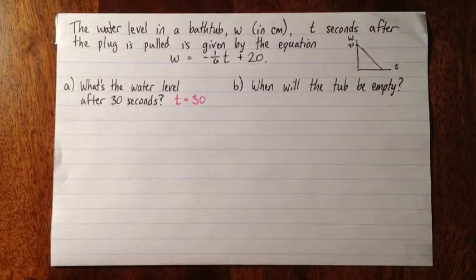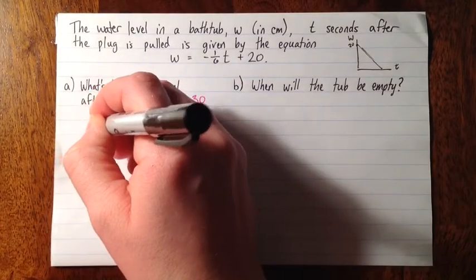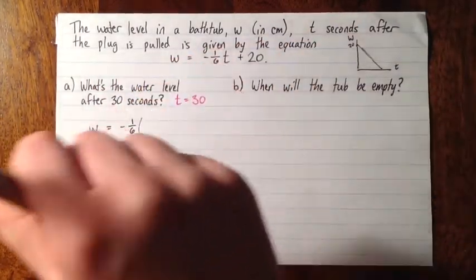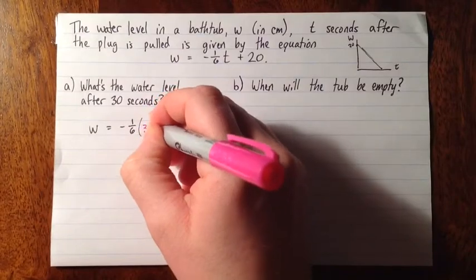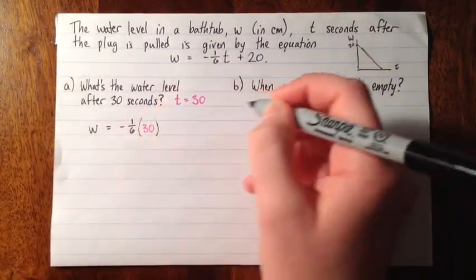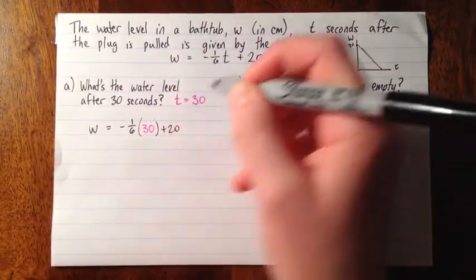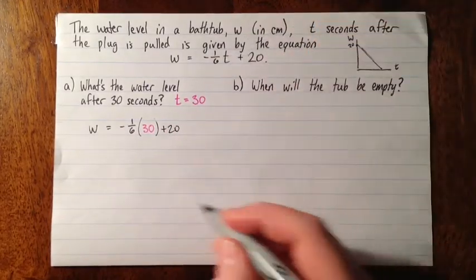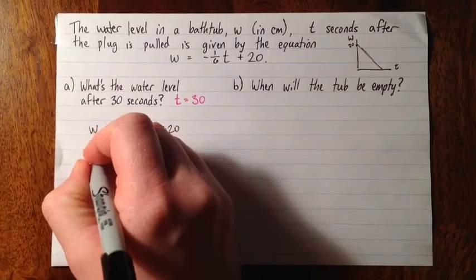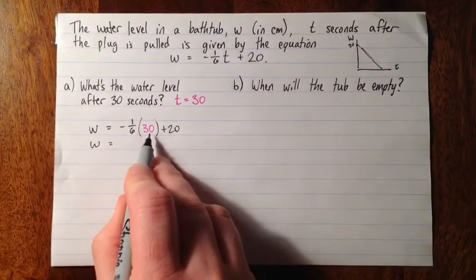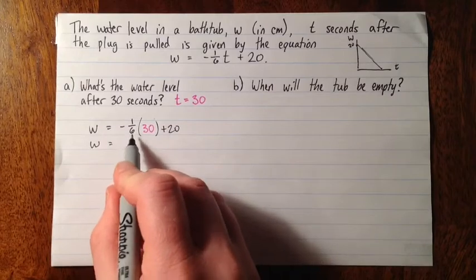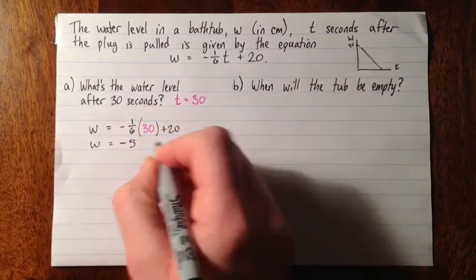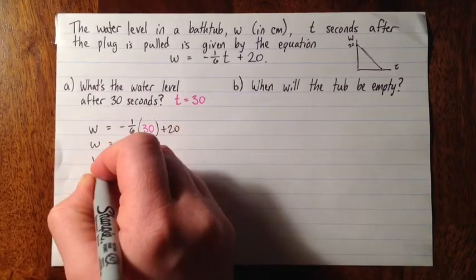We'll just substitute 30 in for T. So we have W equals negative 1/6 times 30 plus 20. So I just copied that equation down, but I replaced my T with 30. Okay, and then we'll just simplify here. Negative 1/6 times 30, that's negative 1/6 of 30, so it's negative 5 plus 20.